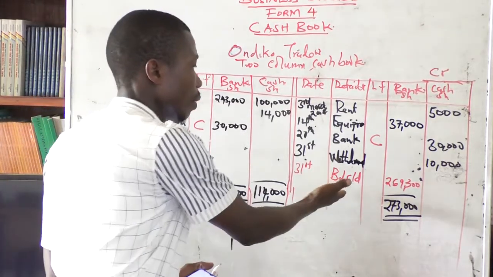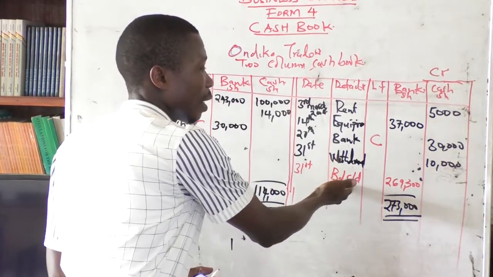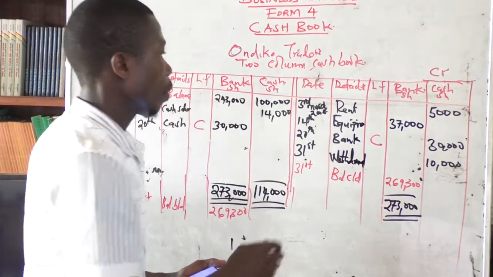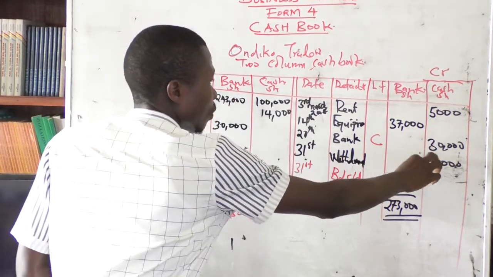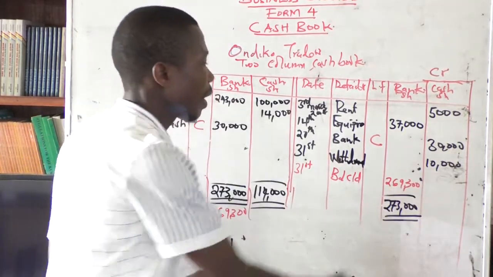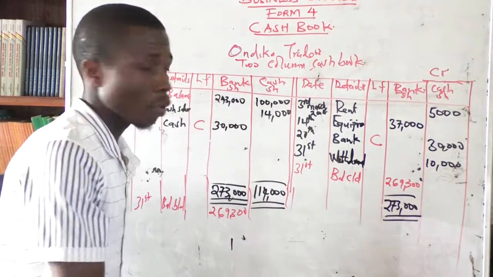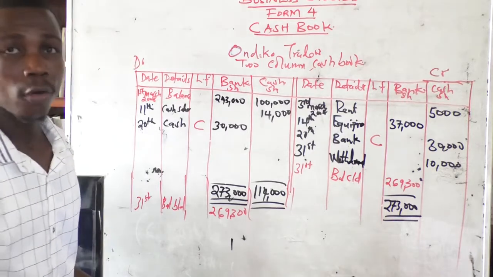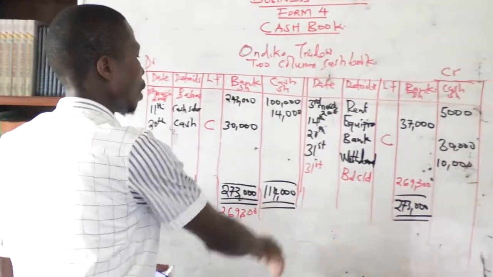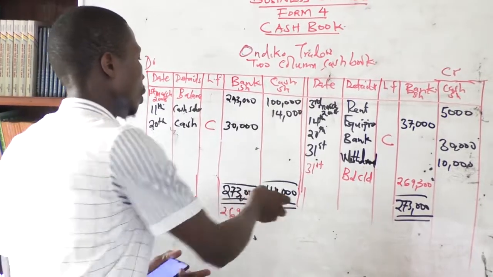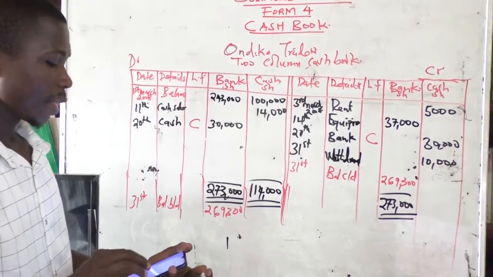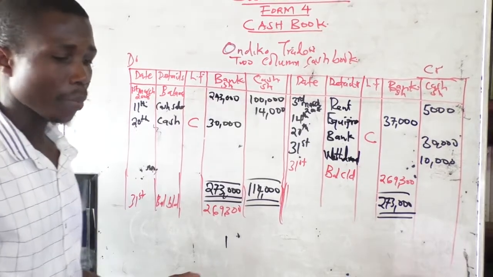So we are going to do the same. BD, we have written it here. Also, we are going to find BD on the cash side. So we are going to take this one plus this, subtract this one to get the CD, or balance carried down, which later we will also bring down as a balance brought down, the money in cash that the business was ending with, or had when it was being wound up.